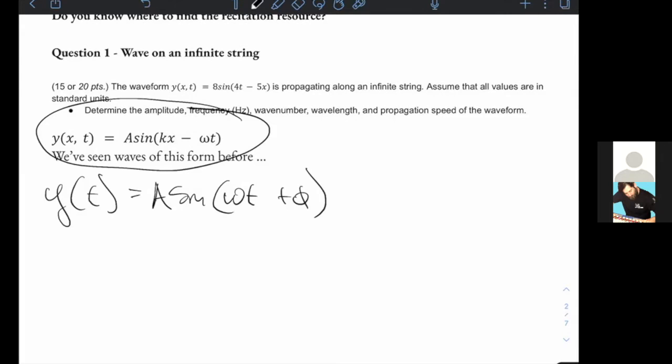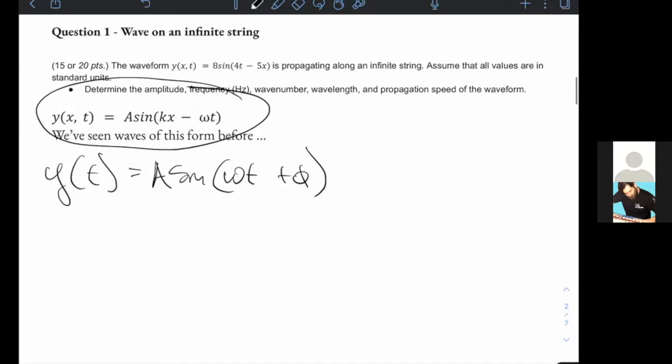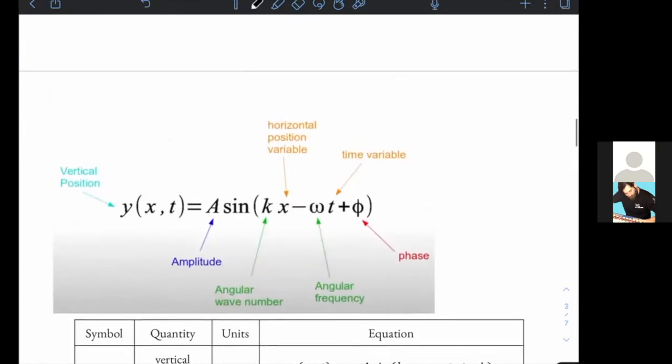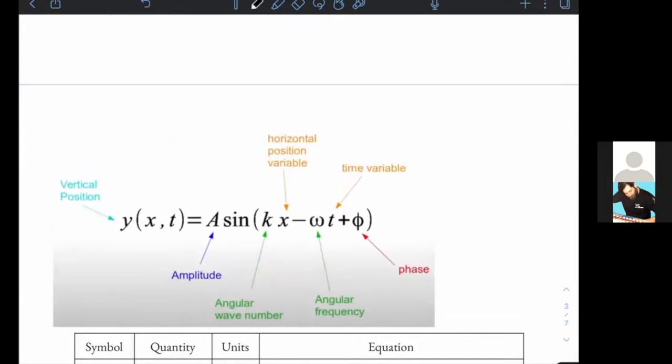Okay, so what it's asking us for is really just to be able to interpret this thing and know where to find this stuff. There's a little bit of calculation we need to do, but really not a whole ton actually. So we've got this, okay? Our amplitude is A. Our angular wave number is K. That's like, what do they call that?